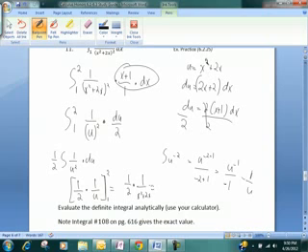Alright, and we're evaluating that at 2 minus that evaluated at 1, so it's 1/2 of 1 over 2 squared plus 2 times 2, minus 1/2 times 1 over 1 squared plus 2 times 1.